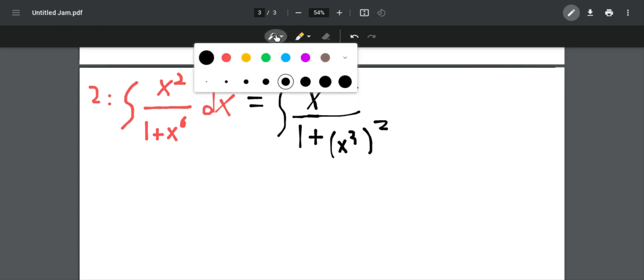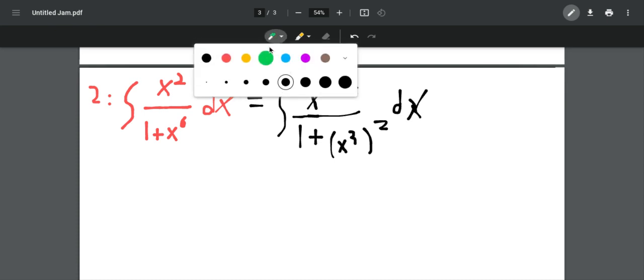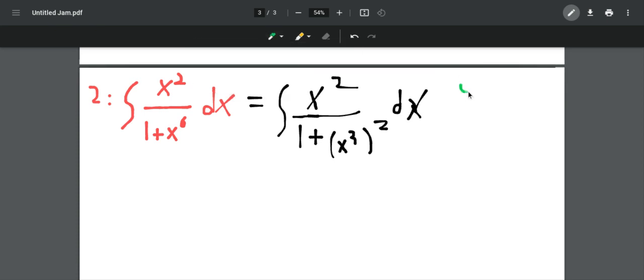And then dx at the end. Now I'm going to do a substitution. I'm going to let u be equal to x cubed, and then differentiating both sides, I get that du is equal to 3x squared dx.